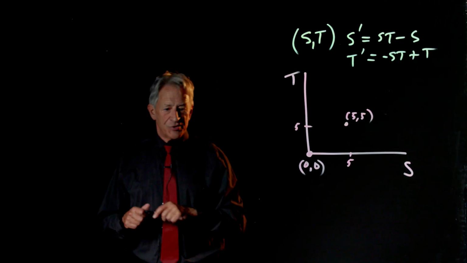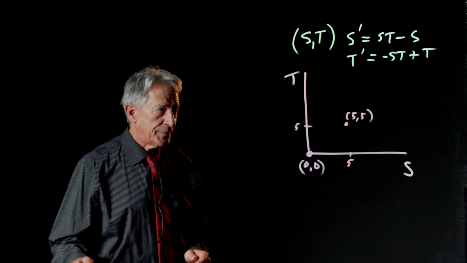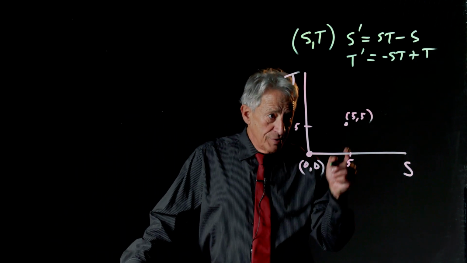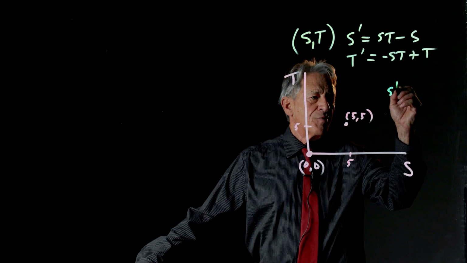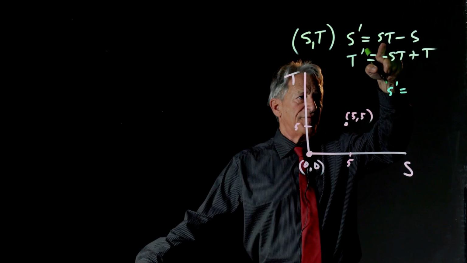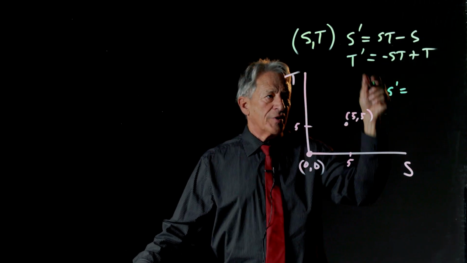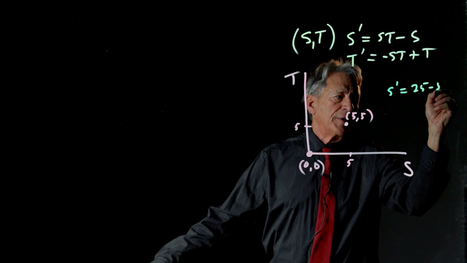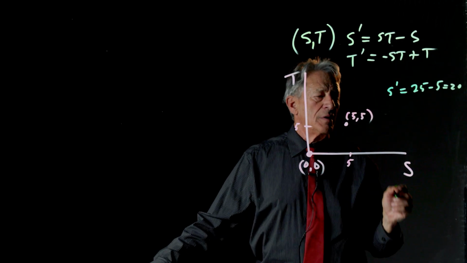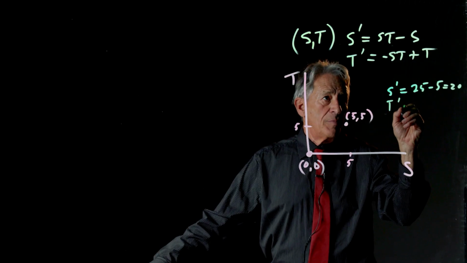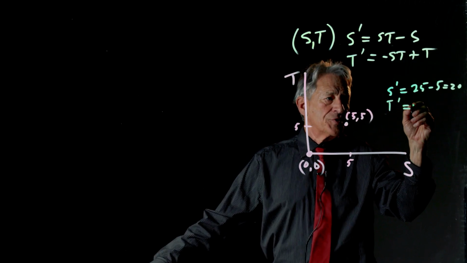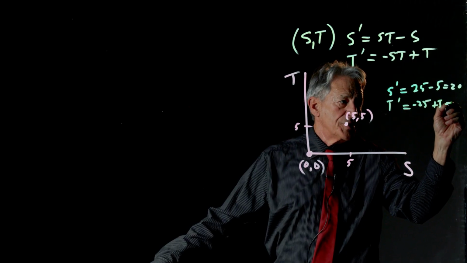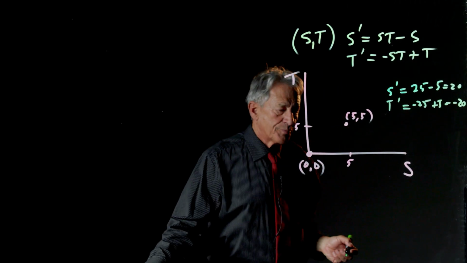And we would like to see what the change vector is at that point. So at that point, we know that S prime, just plugging 5 and 5 in for S and T, S prime equals 25 minus 5, or 20. T prime equals minus 25 plus 5, which is minus 20.